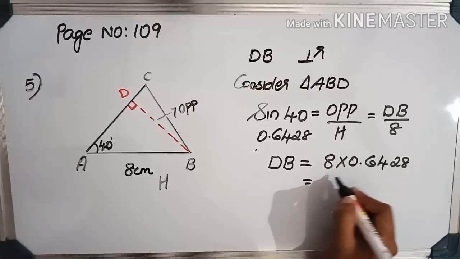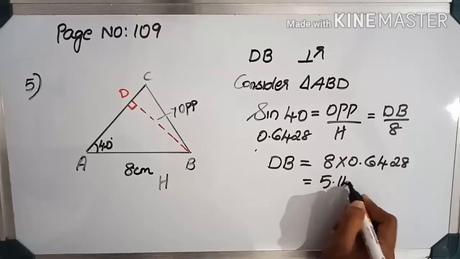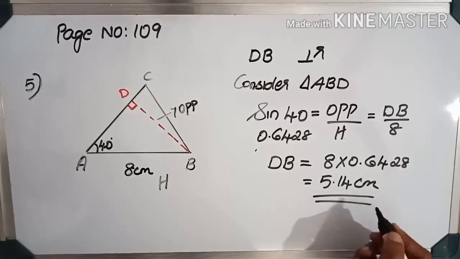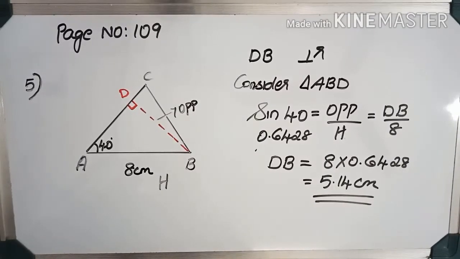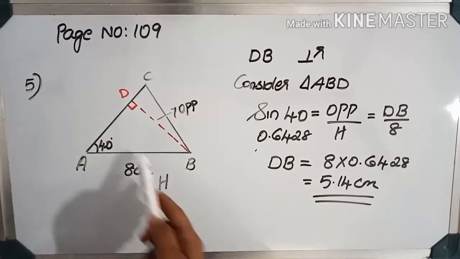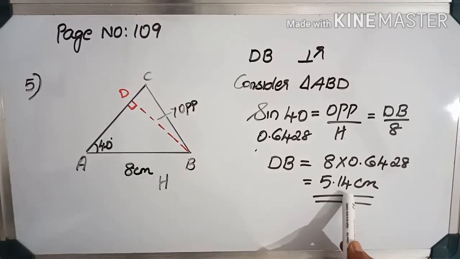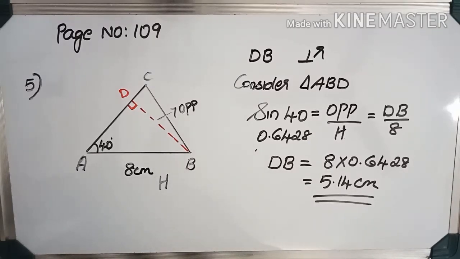The answer is 5.14 centimeter. Here the perpendicular line is enough, no need to write the area. Only the minimum length is needed. So the minimum length is the perpendicular line, 5.14 centimeter, opposite to the 40 degree angle. Okay, that's all for this section.